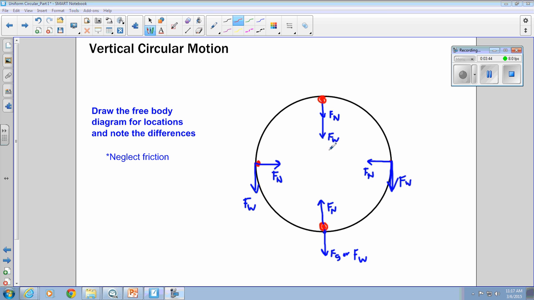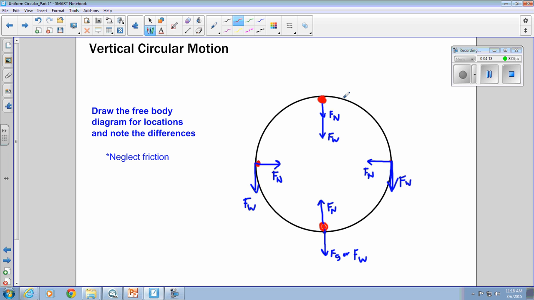One of the things to note at the top of this circle is that when force normal reaches a point where it's equivalent to 0, this ball is going to start to leave the surface of the loop and fail to make a complete loop.